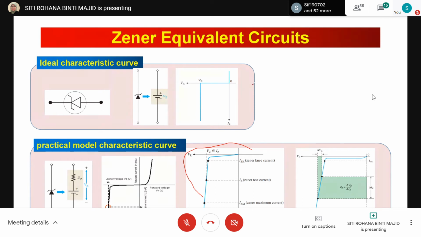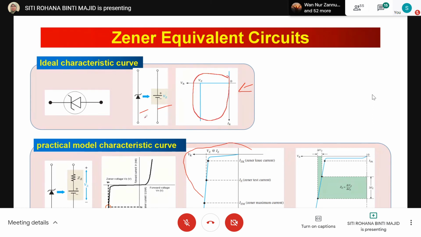The top diagram is for the ideal Zener diode. This is the symbol of a diode, and as I mentioned before, this is a very perfect Zener diode.